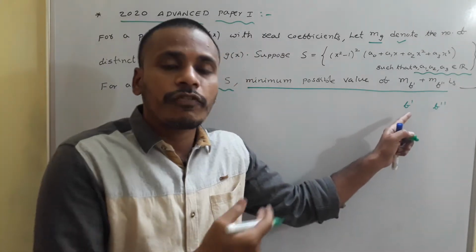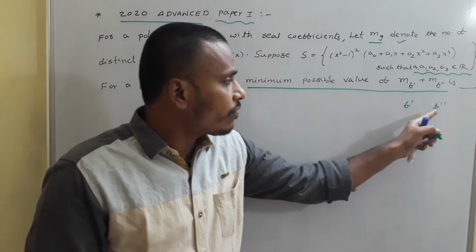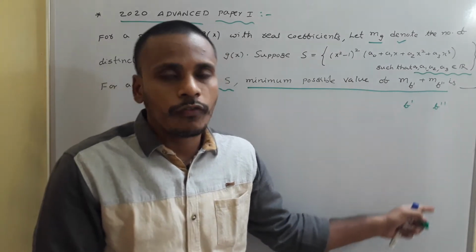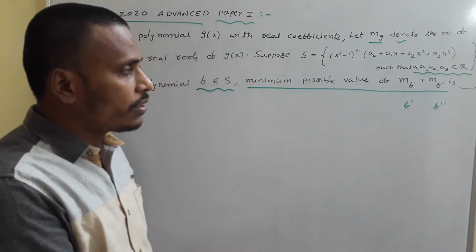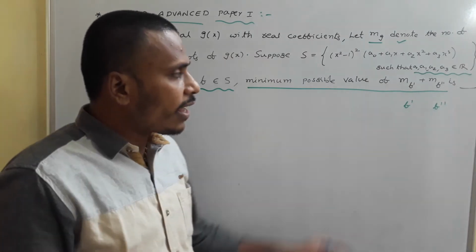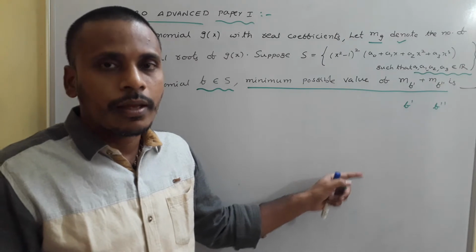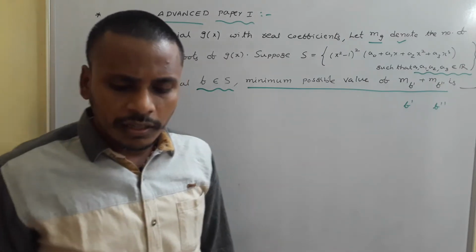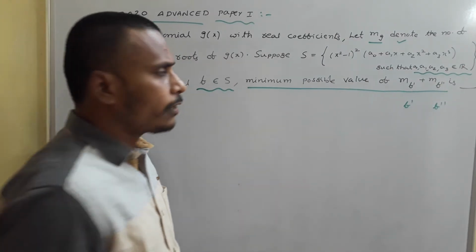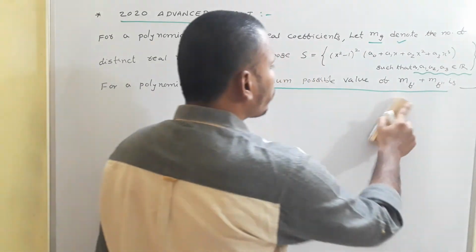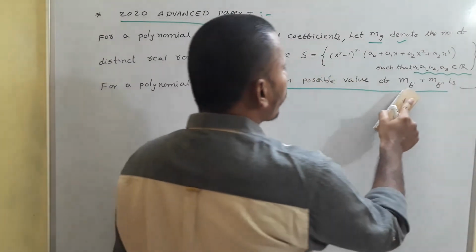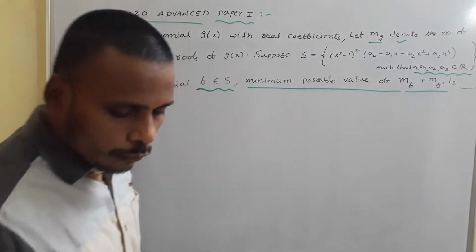F dash is the first derivative of f, whereas f double dash is the second derivative of f. In the problem itself, they mentioned that f dash and f double dash are the first and second derivatives of the polynomial f. But for space, I am not mentioning it here, and we are familiar with that notation, right? Okay. So now, minimum possible value of mf dash plus mf double dash we need to find.